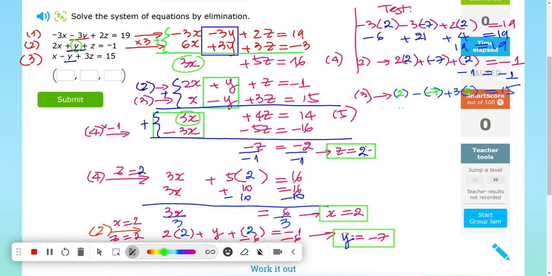Okay, I come out 2 plus 7 and then plus 6. So 15 equal 15. Okay, so we are correct. Here we go. So I put in the order x, y, z. X equal 2, y equal negative 7, and then z equal 2.